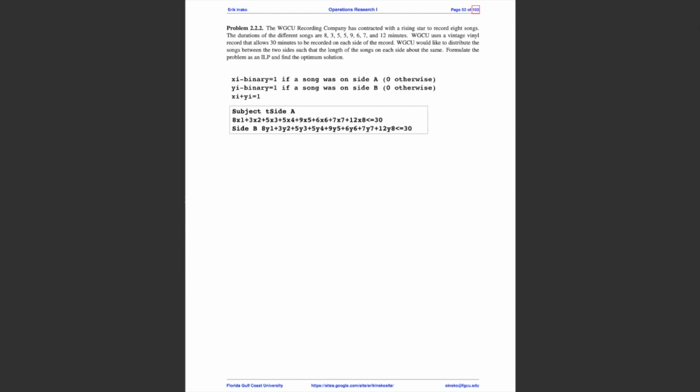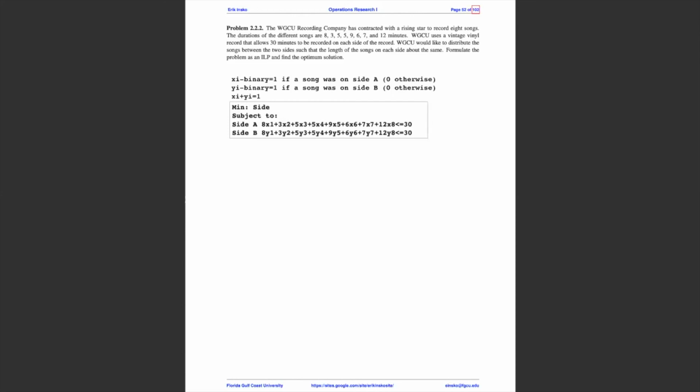And something that I noticed yesterday while I was solving the problem is we want to minimize the difference between the two sides.